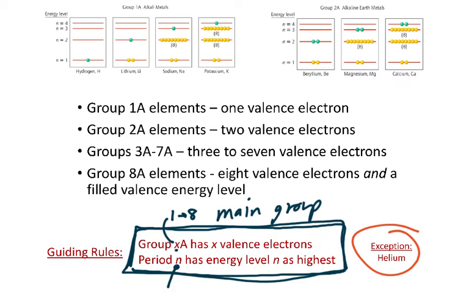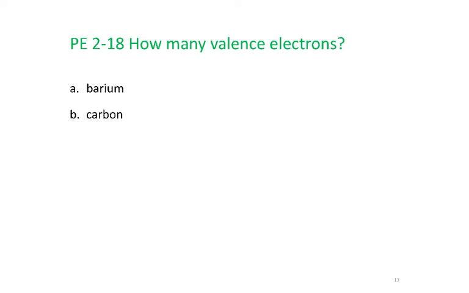So let's do a question. How many valence electrons in barium and carbon? You have to find it on the periodic table, look at what group it's in, and from there you know how many electrons. So pause this, try it for yourself. All right, did you find it?